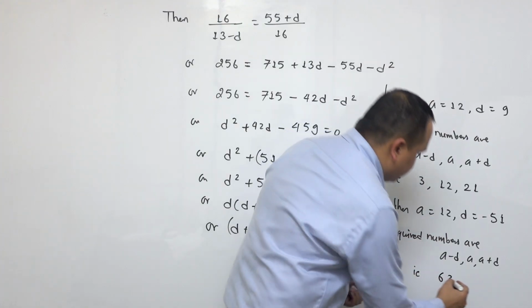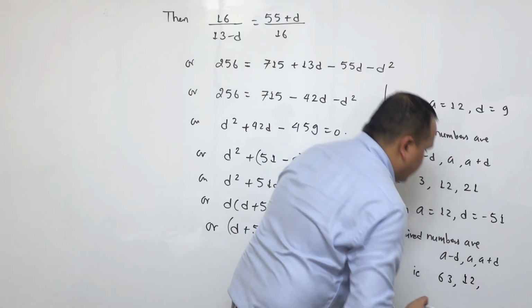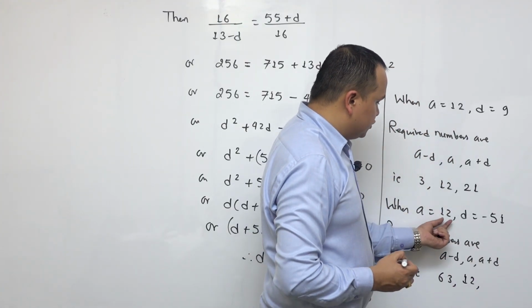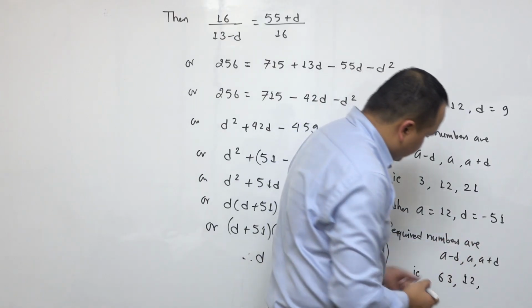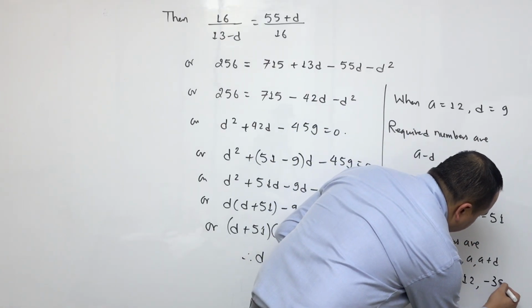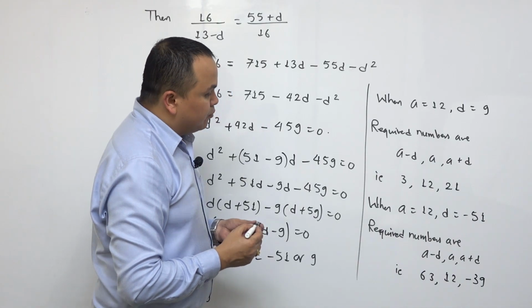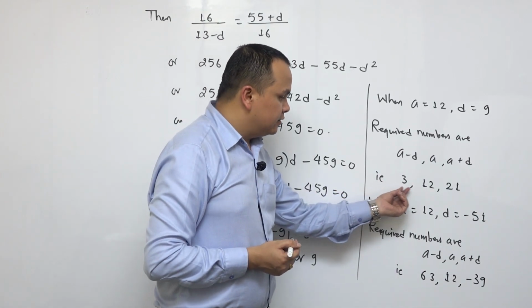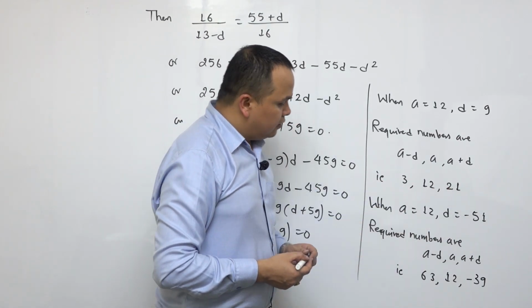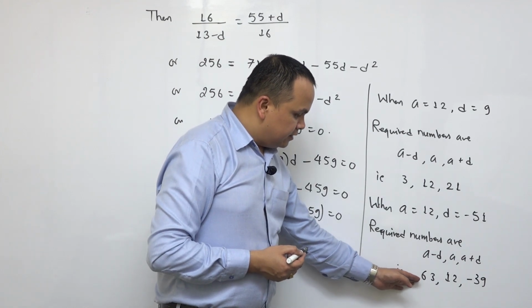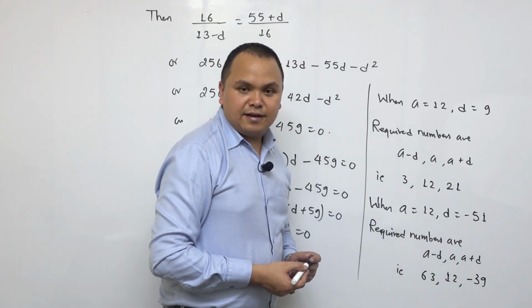A is 12. A plus D, 12 minus 51, minus 39. Therefore, required numbers are 3, 12, 21 or 63, 12, minus 39. Okay.